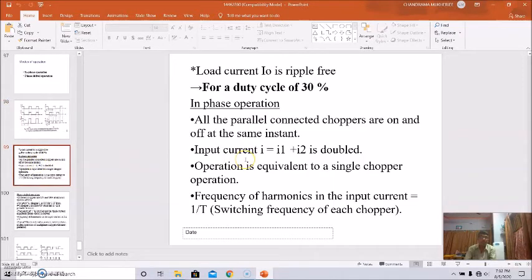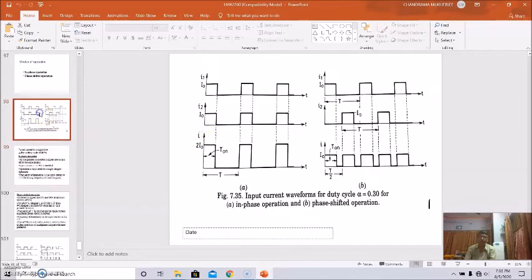As a result, input current equal to I1 plus I2 is doubled, and operation is equivalent to a single chopper operation.